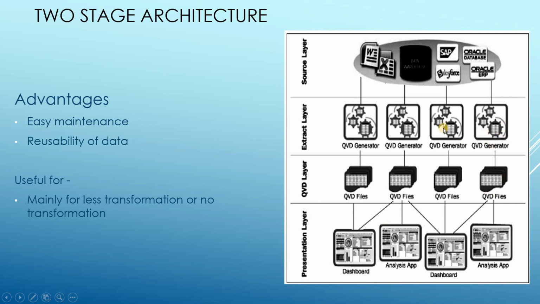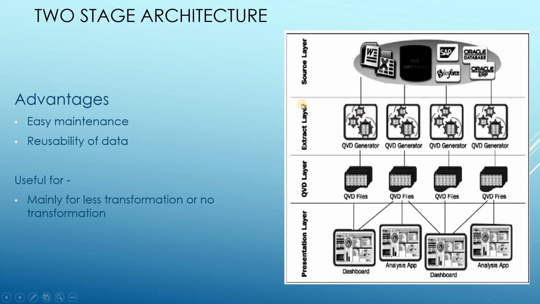The source layer contains Excel files, text files, CSV files or database connections. That is the reason we call it the source layer, because it gives only the information about the source.